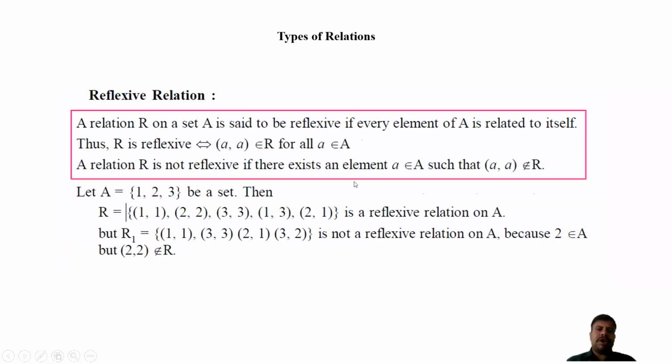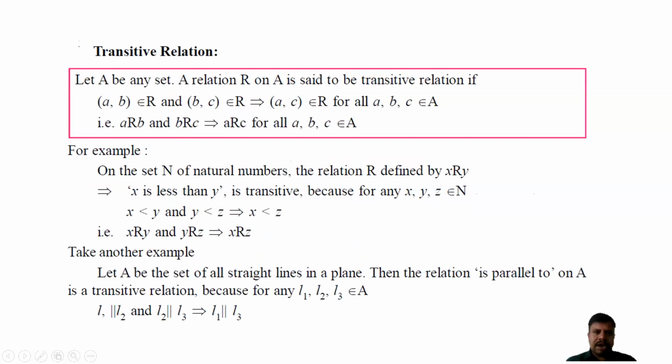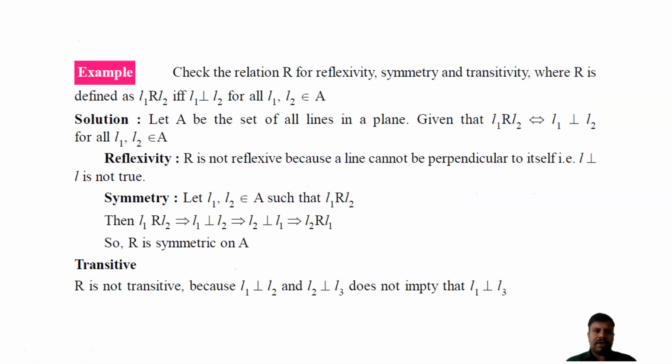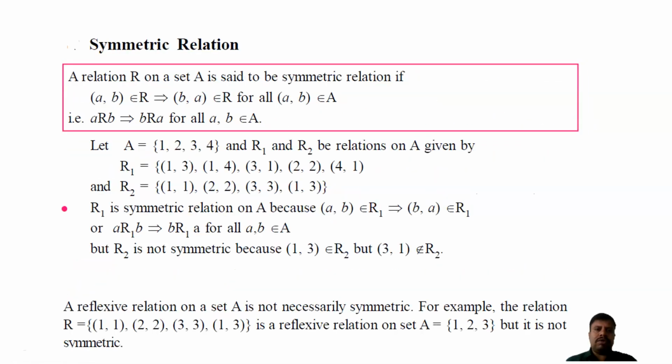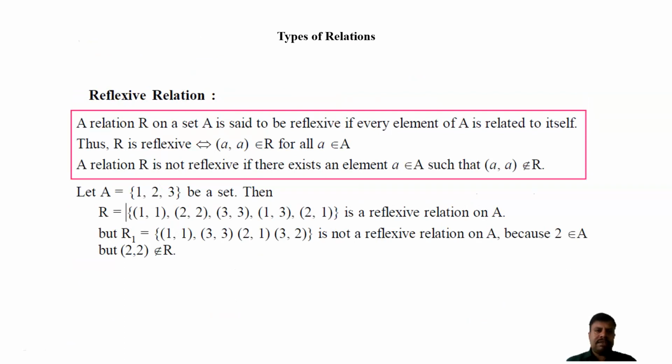Next, what are the types of relations? We have three major types: reflexive relation, symmetric relation, and transitive relation. In today's presentation, we will see these three. A relation R on a set A is said to be reflexive if every element of A is related to itself.